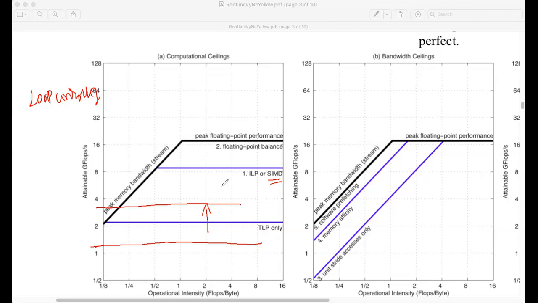Anyway, so this is loop unrolling. Let's say this is a problem. You keep on unrolling, and at some point you figure out compute is no longer the problem, but memory is the problem. And what do we do? We did increase the channels, no?